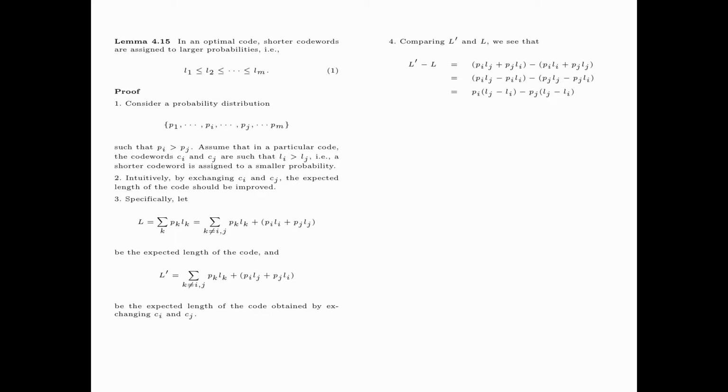Similarly, factorizing pj, we have minus pj times (lj minus li). Then we factor out (lj minus li) to obtain (pi minus pj) times (lj minus li).